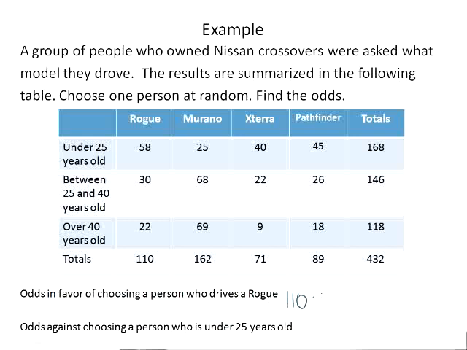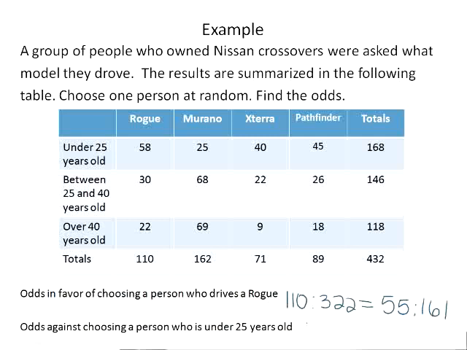How many outcomes are there for people who don't drive a Rogue? Subtracting the 110 from the 432 gives me a total of 322. Notice the 110 plus the 322 totals the 432 people total. So this will reduce to 55 compared to 161.